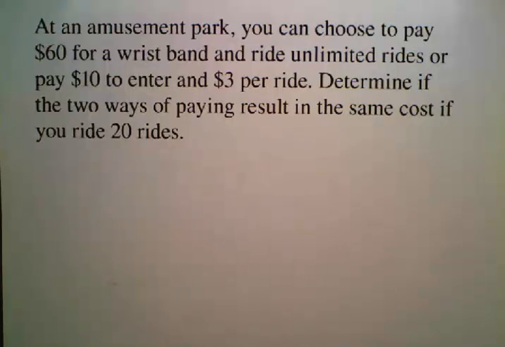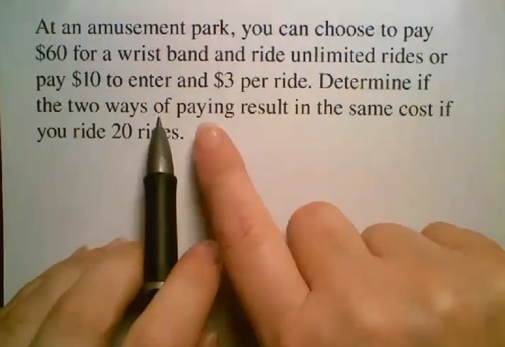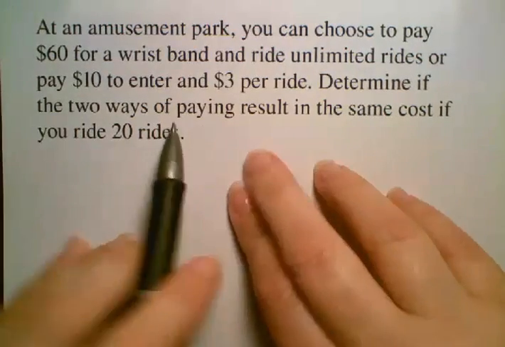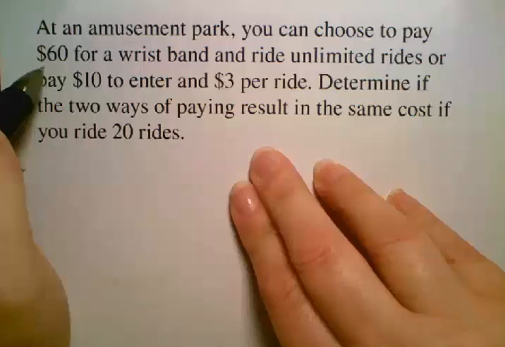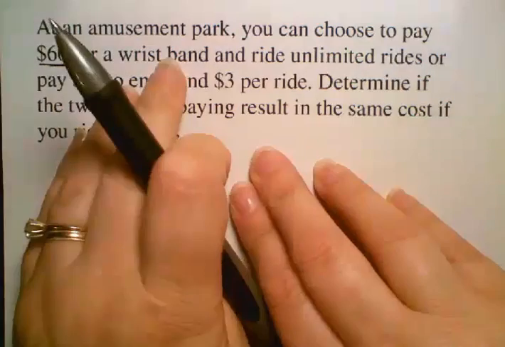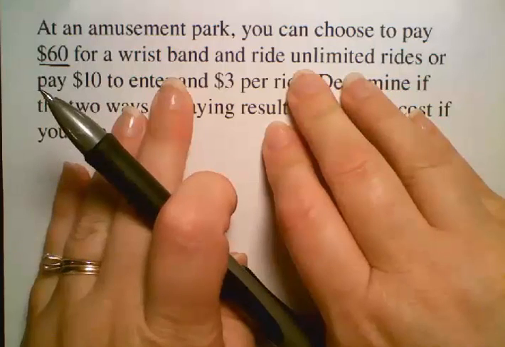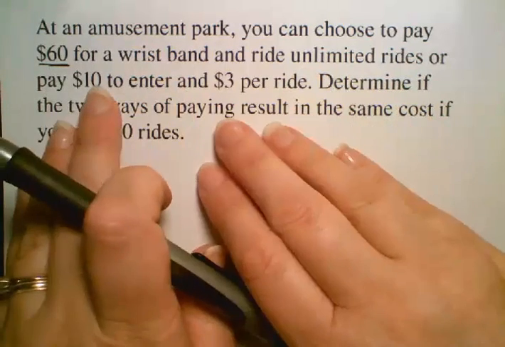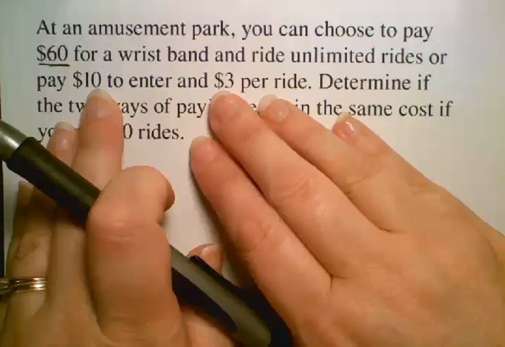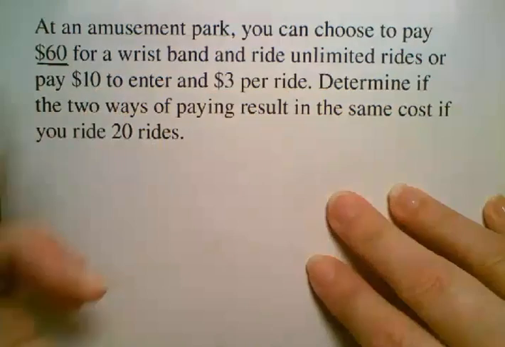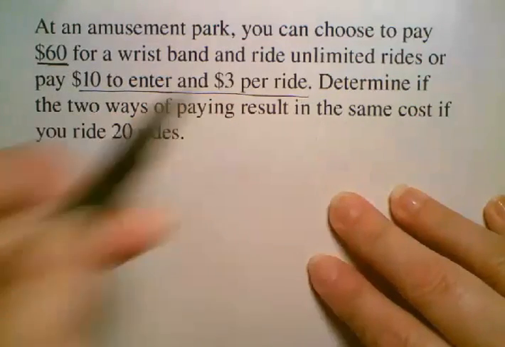Whether you know it or not, you will be using algebra to figure these types of problems out. You have to decide, is it going to be cheaper for you to pay $60 for a wristband and ride unlimited, or are you going to pay 10 bucks and pay $3 per ride? So you have to decide which one of these options is best for you.